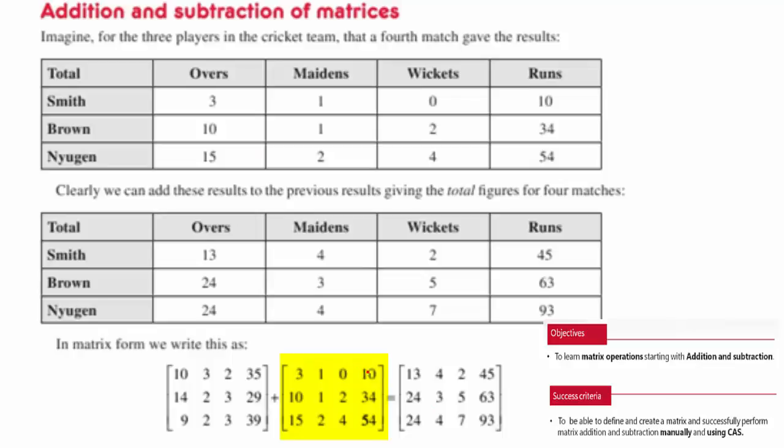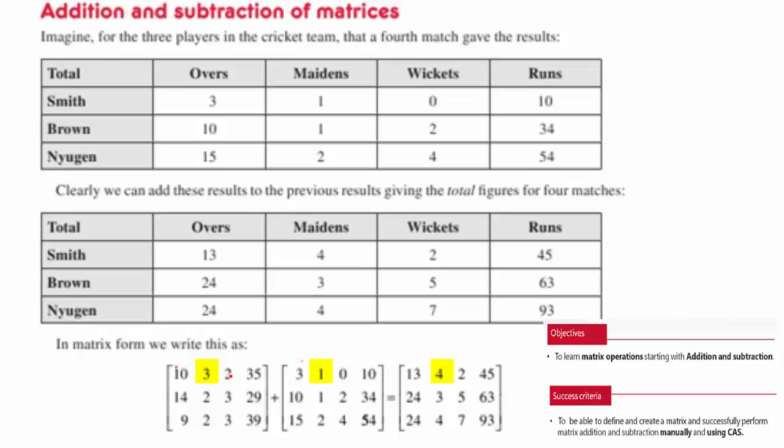So here what we do is we add each element in the same position together. So this in this matrix is position 1,1, and in that matrix is 1,1. So we add them together, 10 plus 3 is 13. Then 1,2 and 1,2, okay, means first row, second column, is 3 and 1, 3 plus 1 equals 4.